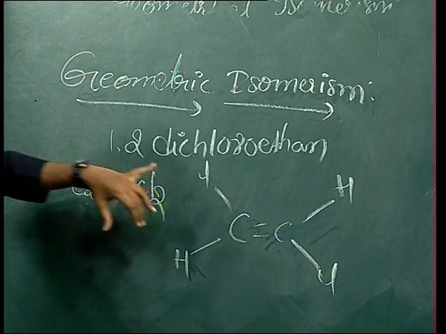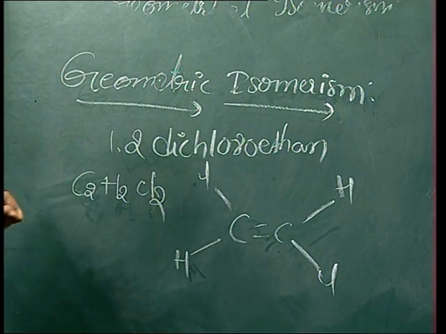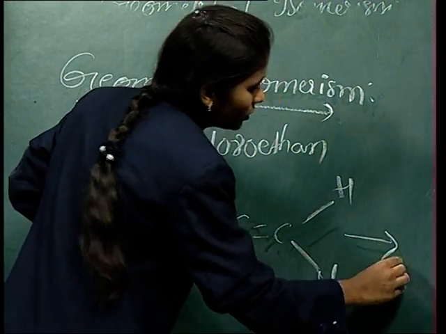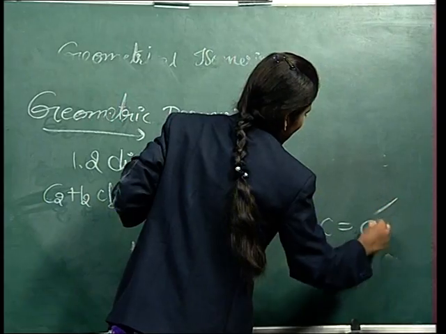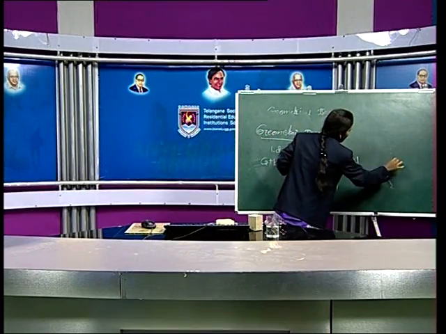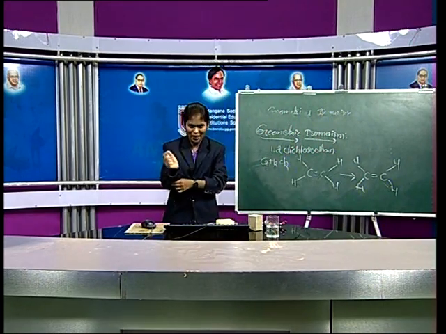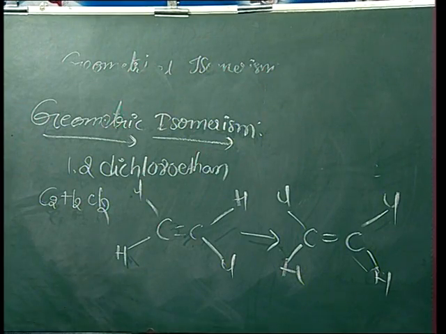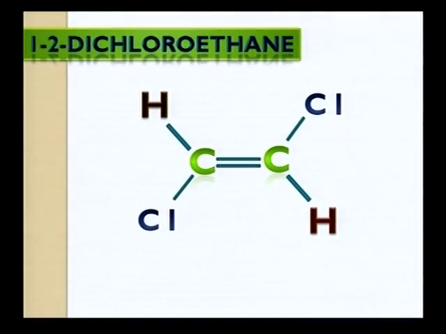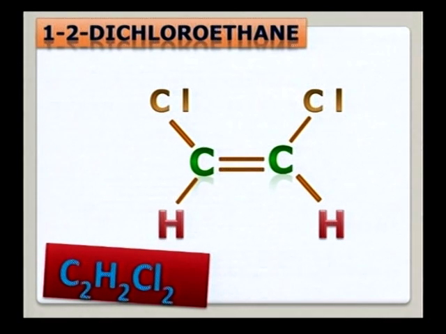So, friends, what is the 1,2-dichloroethene structure? It converts to this, which is also 1,2-dichloroethene. How is it possible?